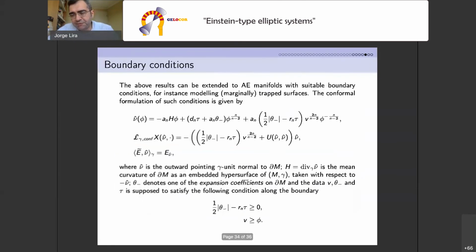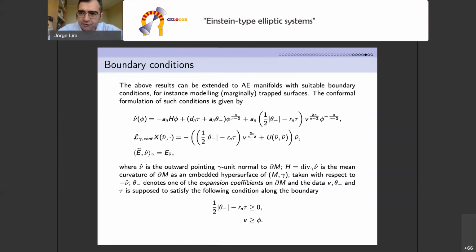Just one final comment besides this is that it's possible to redo all of this machinery, all of these calculations, to the case when the initial hypersurface M has compact boundary components. You can see one of these boundary components as being trapped surfaces or even horizons.